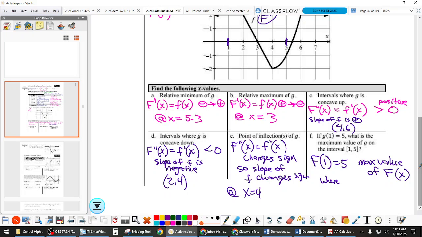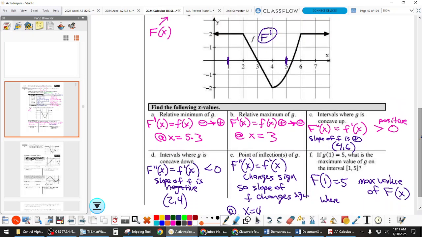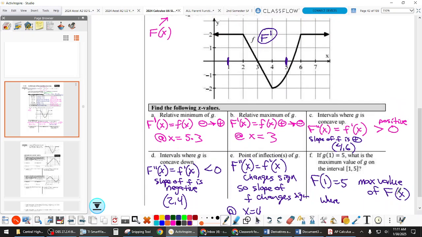Okay, so didn't we already find where it has a max? Oh no, that's a relative. So we need the overall maximum value. Okay, so this one, remember F is the integral. It's the area now, right? So if you think about this on the interval 1 to 5, like here it's positive.